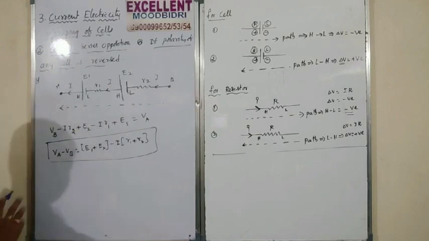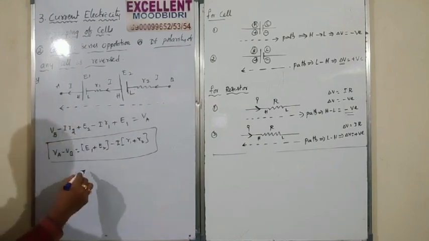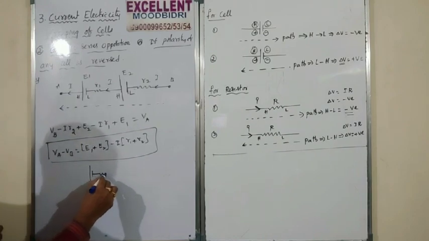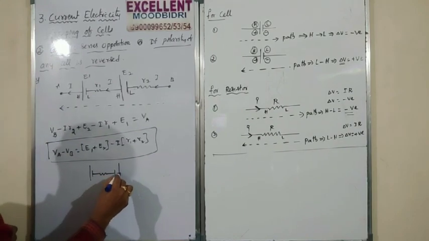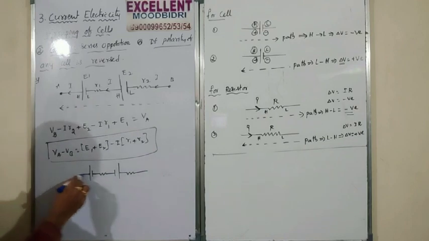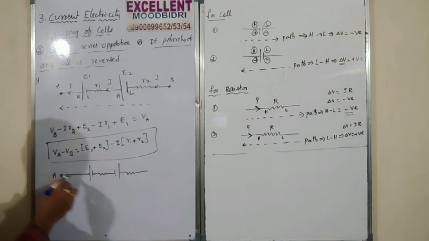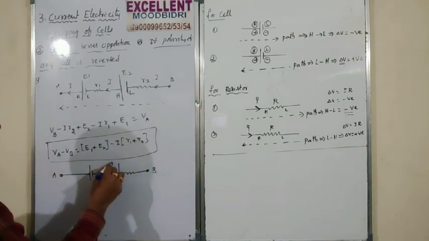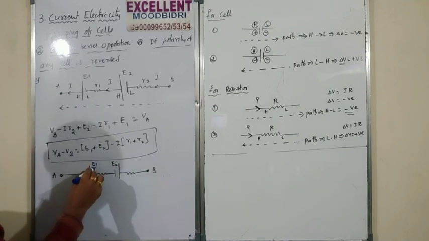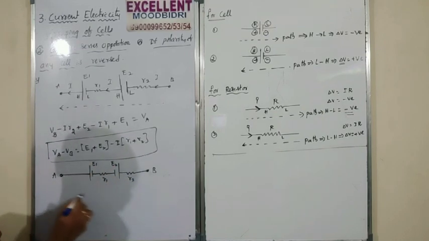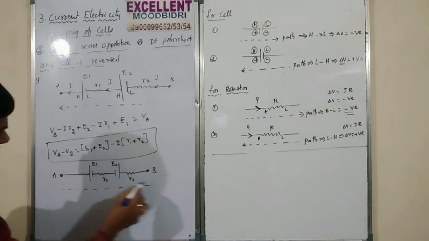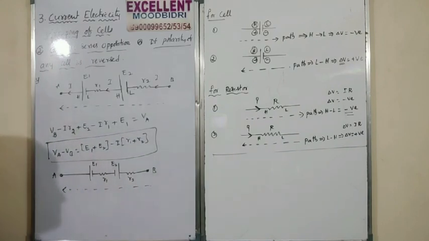Similarly, the second case. What is the second case? This is the battery with reverse polarity. This is the A and this is the B, E2 and E1, R1 and R2. So now the path is, I took from B to A. So start from here only.